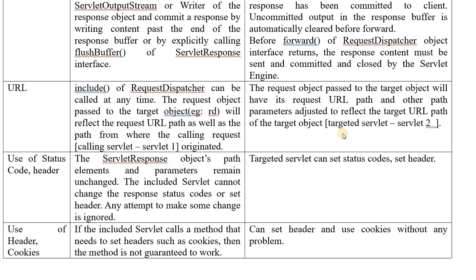When the request object is passed, the URL is changed in case of the forward method. It takes up the URL of the targeted servlet, that is servlet 2. Whereas in the case of include, it will reflect the old URL only. It will show the URL of the calling servlet, that is your servlet 1.